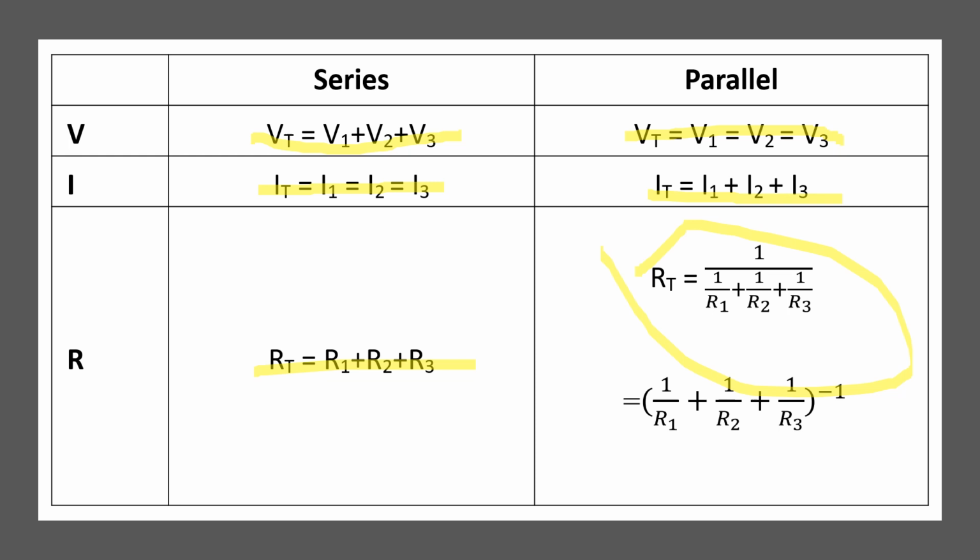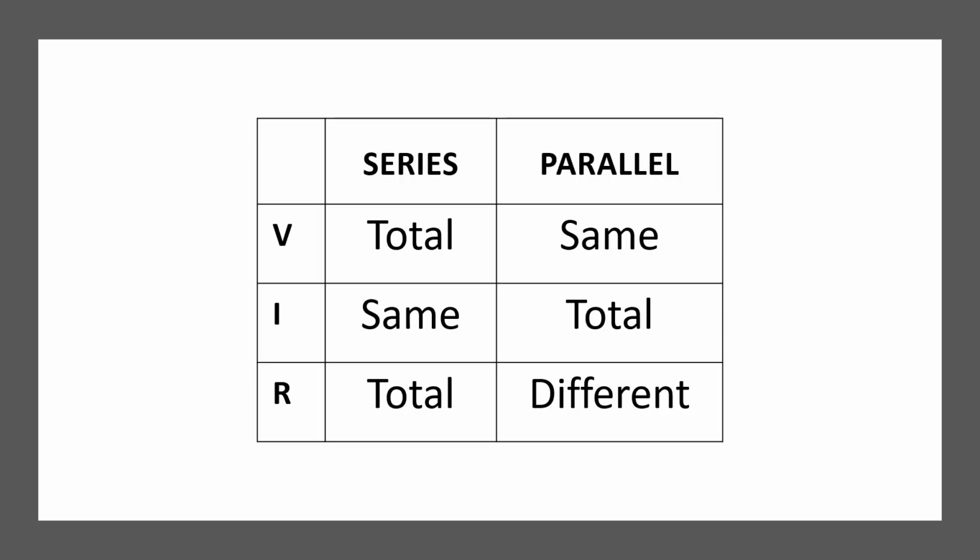Then the resistance is these two equations respectively. Some students will realize that your teacher used the first or second version of the equation. Whichever is fine, both are the same ultimately. When you're done writing this table, you can continue playing. If not, pause. What this table is, in a summarized manner, is this. For series arrangement, the V is the sum of all the V's. For parallel, the current is the sum of all the I's.